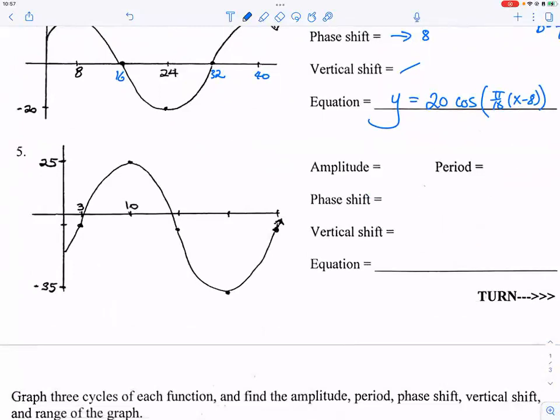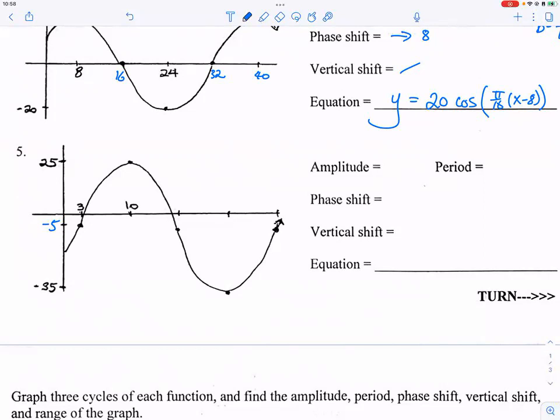Ooh, what is the missing y value here? That's... how'd you get that number? -5, how'd you get that number? Yep. So you can say, well, what's the total distance from -35 to 25?